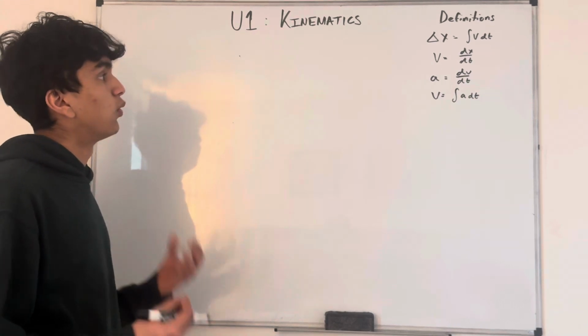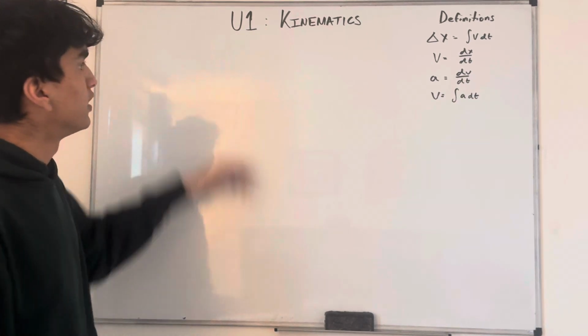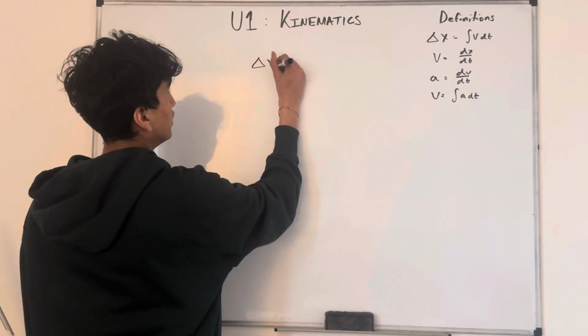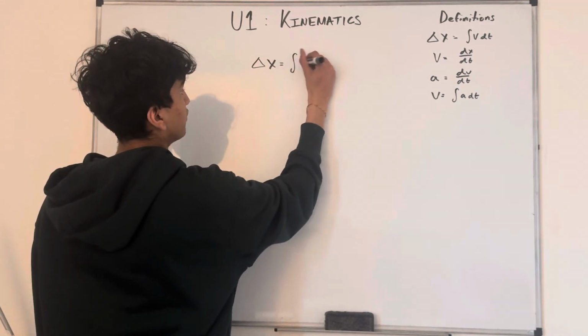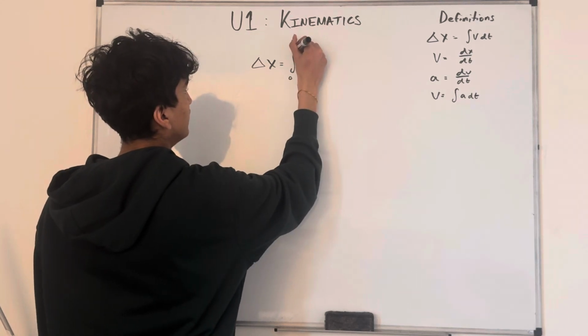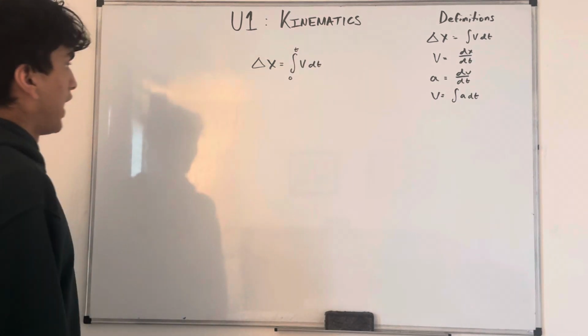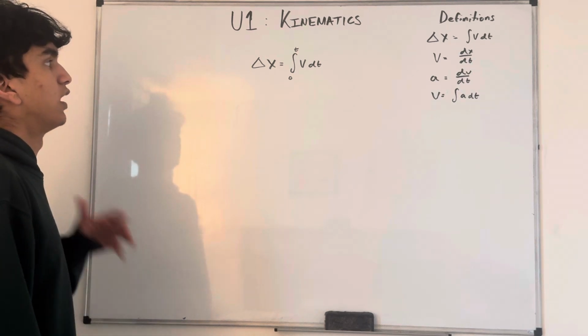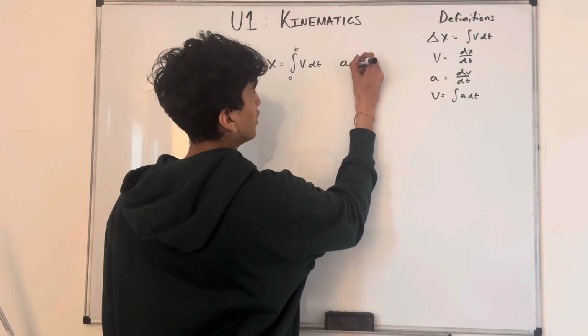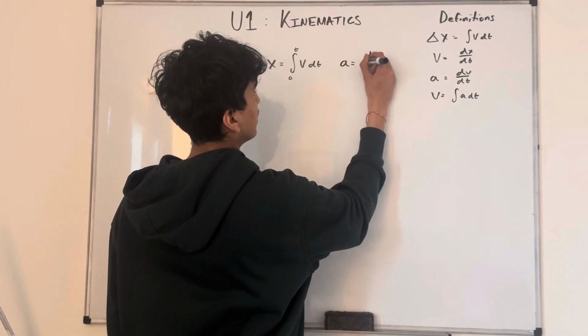So one last equation I want to derive is this equation. I know change in x equals the integral of v dt from 0 to a time t. And what I also know is that acceleration is going to equal dv over dt.